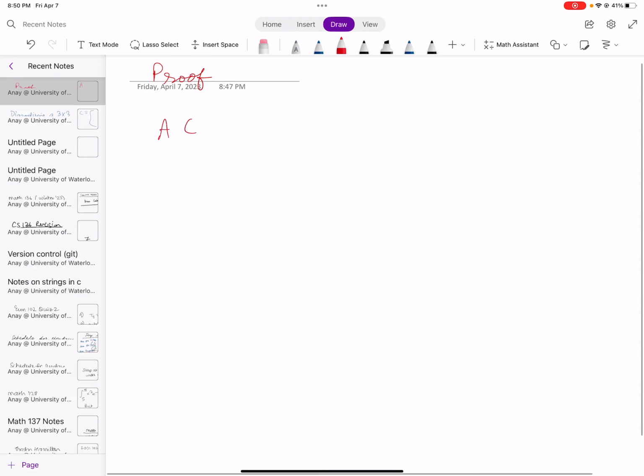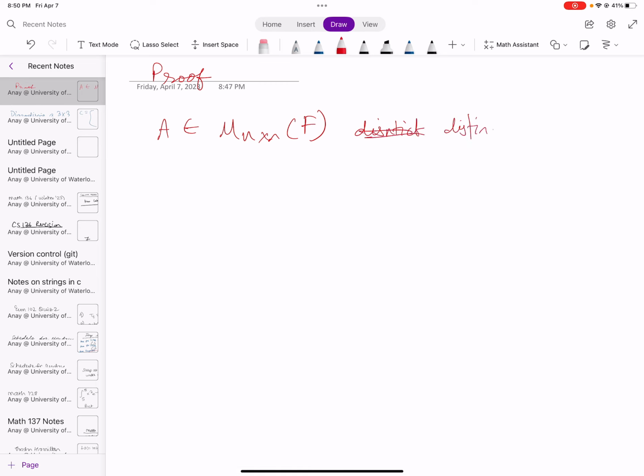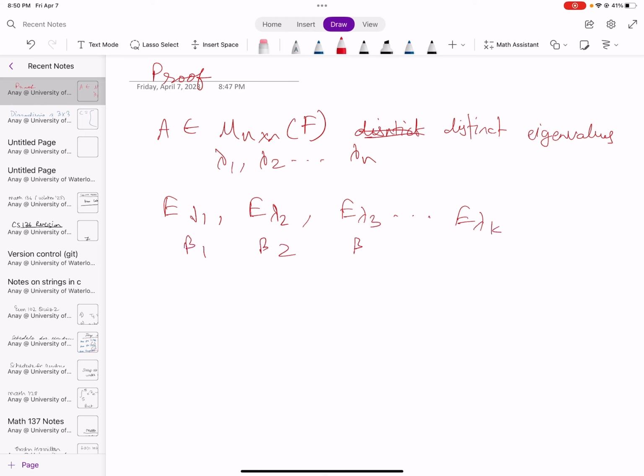So we've been given that A belongs to M n cross n in the field with distinct eigenvalues, in our case lambda 1, lambda 2 up until lambda n, and that the corresponding eigenspaces are E lambda 1, E lambda 2, E lambda 3 up until E lambda k, and these have bases b1, b2, b3 up until bk.